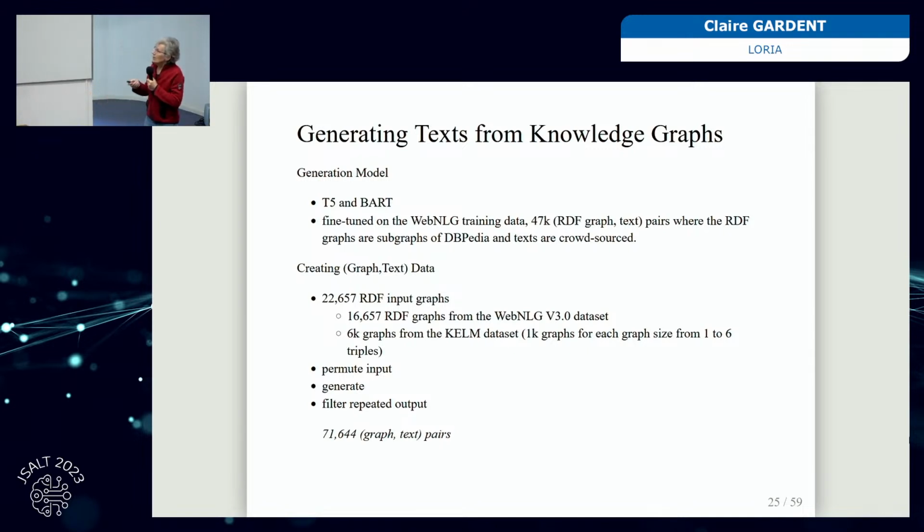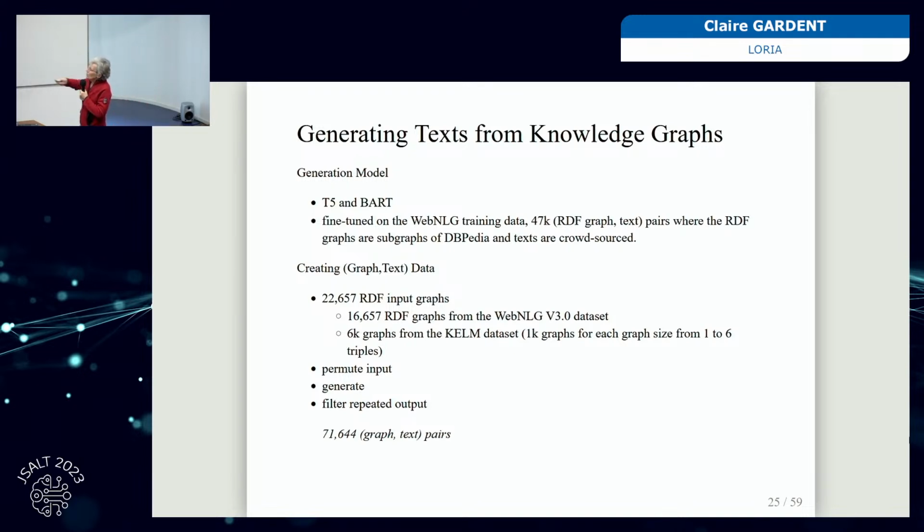So it's basically subgraphs of Wikidata that have been extracted, which contain from 1 to 6 triples, so similar to WebNLG graph size. And so we use this other data set to have more variety in terms of entities and properties. Okay, so we create this large set of graphs, and then we apply our generation model to these graphs to generate the text using our model.